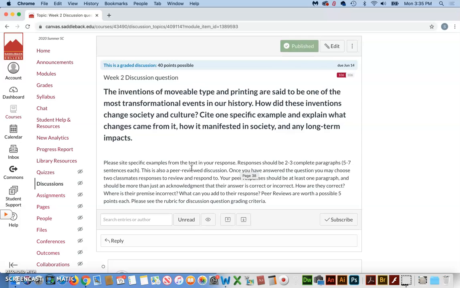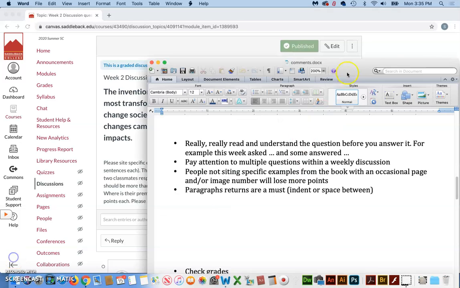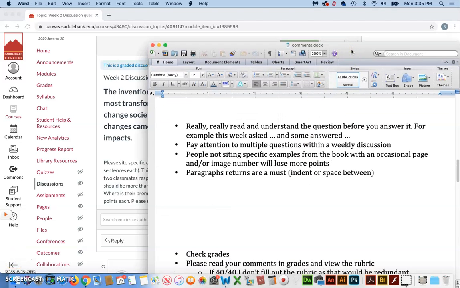If you're losing bigger points, make sure you read this part and that you're doing all the stuff listed down here as well. There are two things that will cause you to lose more points going forward, in addition to not really paying attention to the question. I do want specific examples from the book, with the occasional page number in parentheses where you got your comment from. That can also apply to an image number in the book. But some people didn't do one or the other this week. The other thing is there are about 3 or 4 people giving me what seem like paragraphs, but they're all just running together.